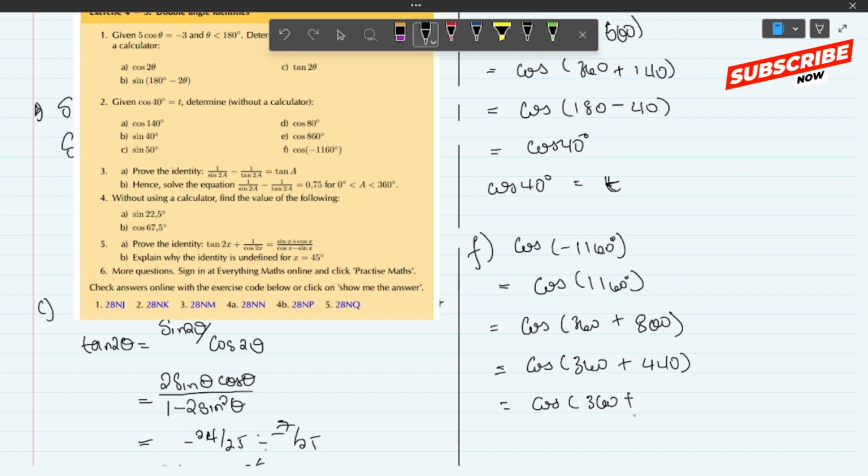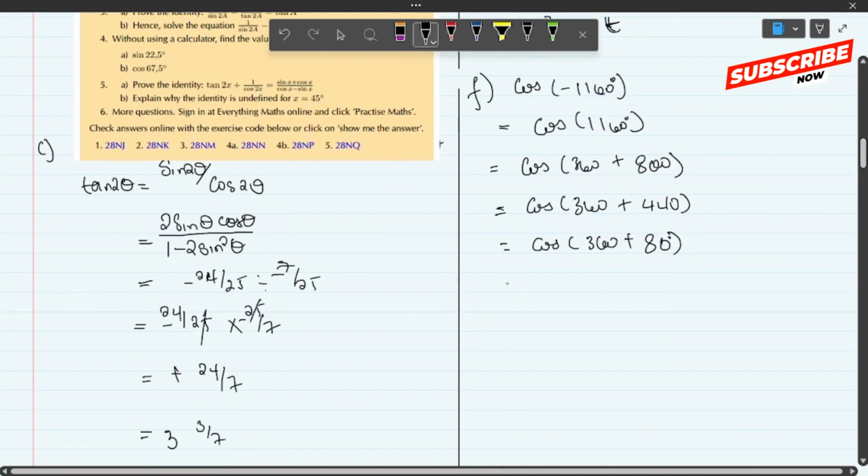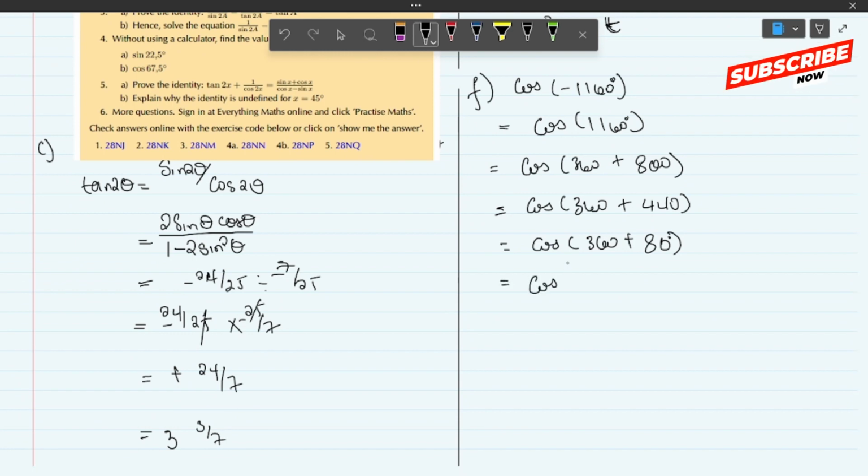Now if it's plus 60, it's gonna be 420. So it's gonna be plus 80, guys. And then it's gonna be cos 80 degrees, right?